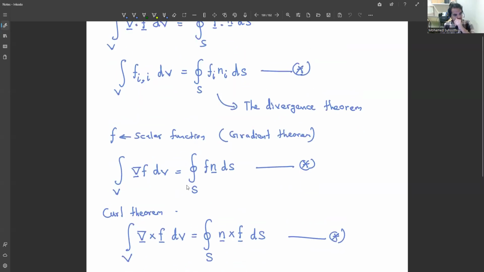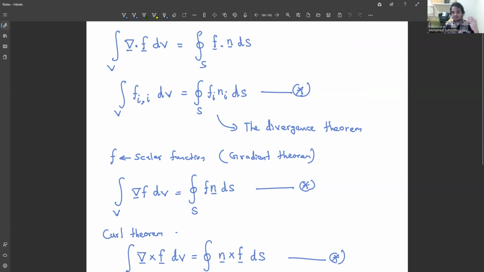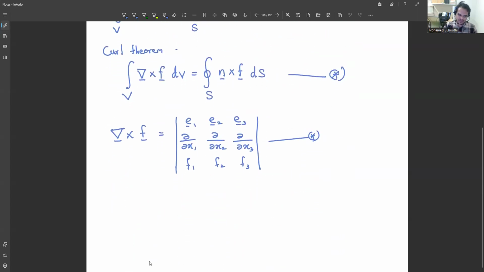Okay, so here let me refresh the cross product, right? Curl means the cross product between the del operator and the given vector. How do we find the cross product? It's actually the determinant. In the first row you list out the base vectors, in the second row you list out the first vector, the vector given first.